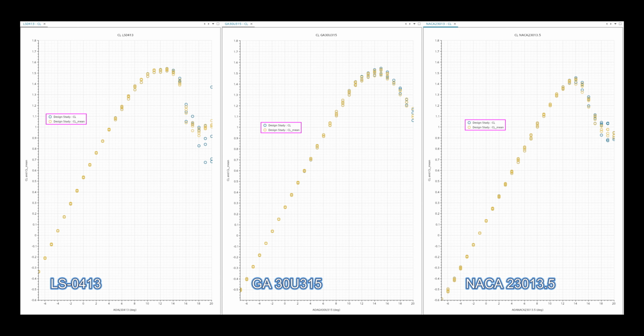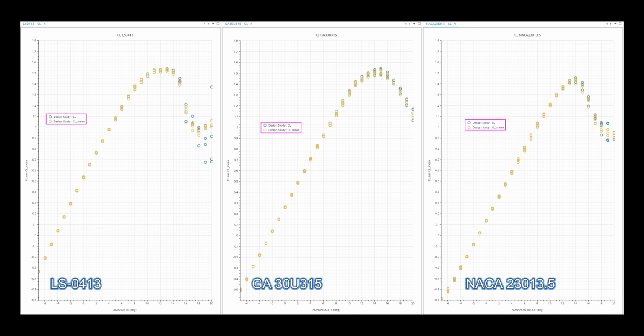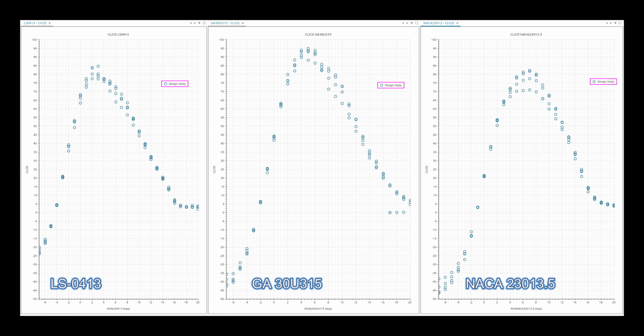The GA shows the highest peak CL at a 15-degree angle of attack among the three, and its post-peak decline is relatively gentle, giving more margin for recovery after stall. Finally, I compared the CL/CD ratio to observe the width and steepness around the peak, which reflects the aerodynamic efficiency.